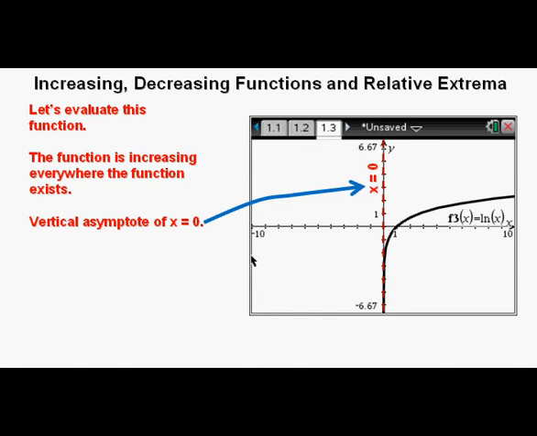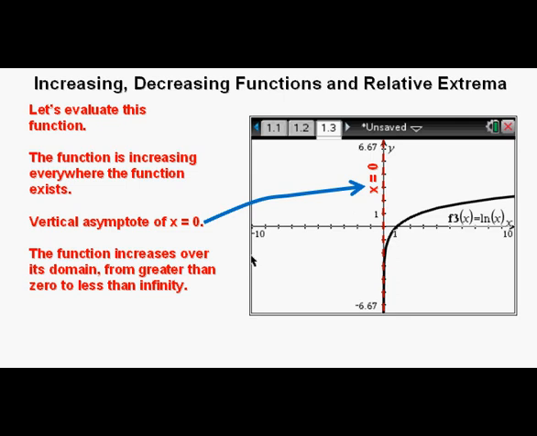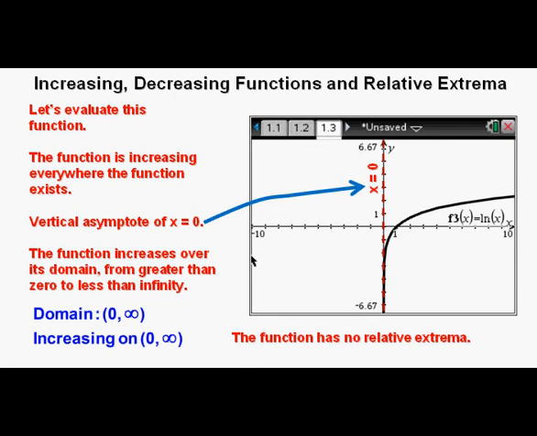There is a vertical asymptote at x equals 0. Since the function is not defined at x equals 0, the function is increasing over its domain from 0 to infinity. And this is the interval notation for this function's increasing. The function has no relative extrema, local or global minimums or maximums.